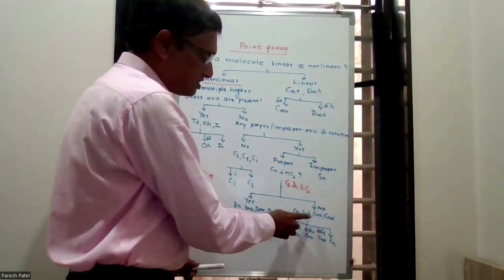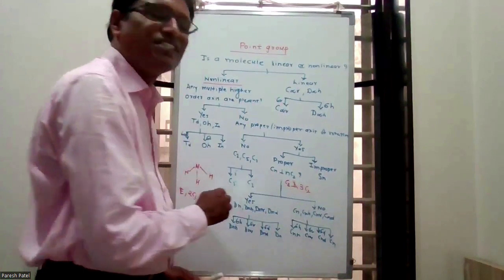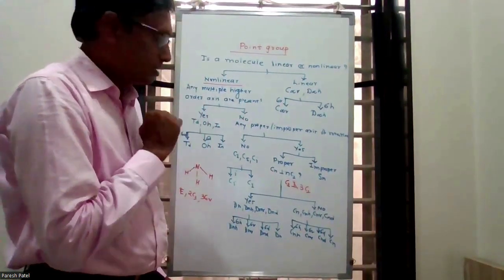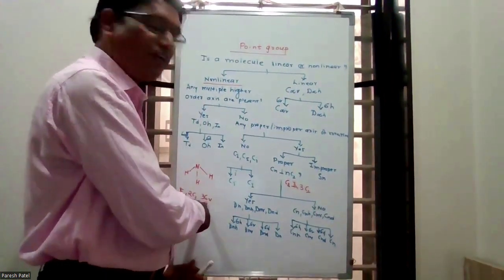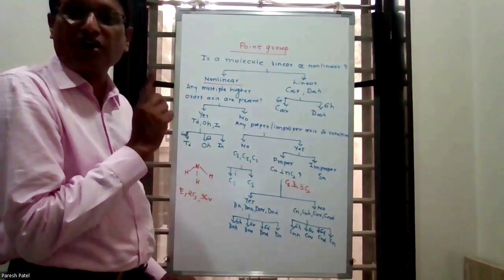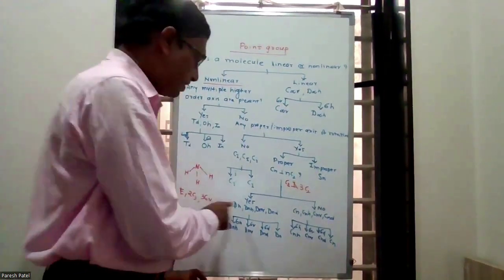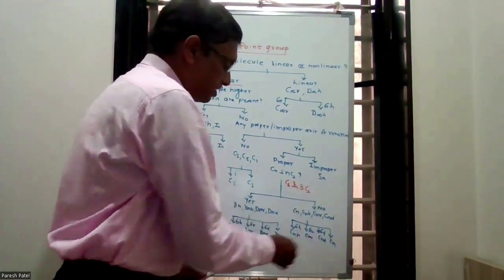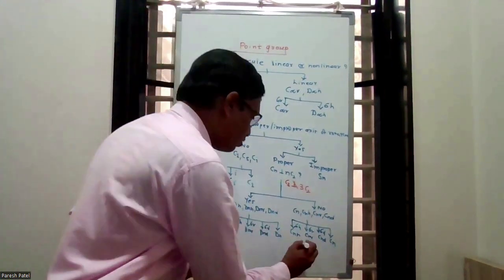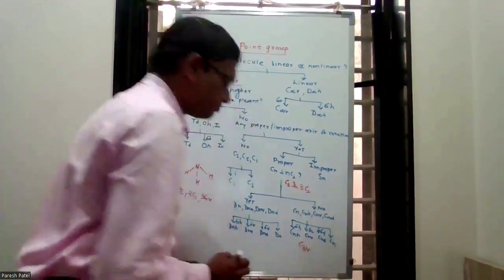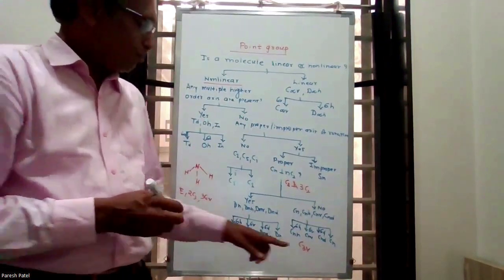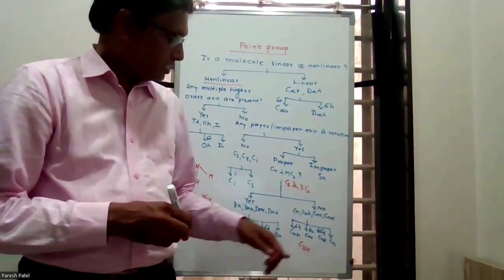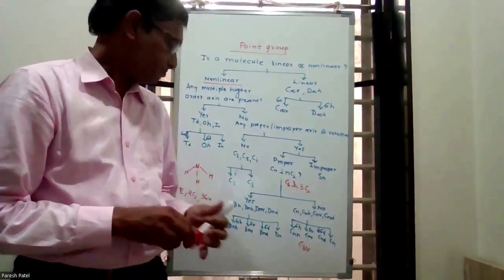So the C3, C3h, C3v, or C3d point group may be present. But here 3 sigma v, 3 vertical planes, are present. It means the C3v point group is present. So the point group for the ammonia molecule is C3v.